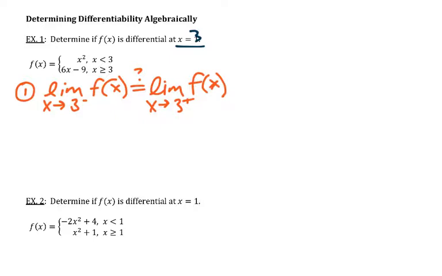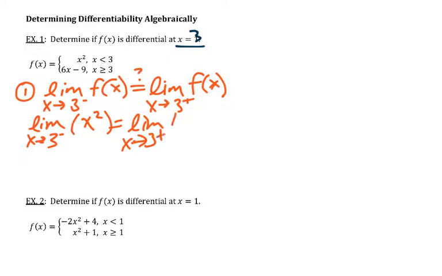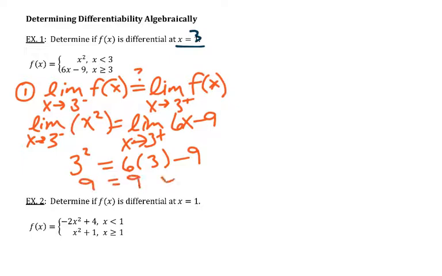So thinking about the limit here, I'm going to plug in x squared for the left, and 6x minus 9 for the right, and then substitute 3. So we get 3 squared, and 6 times 3 minus 9, 9 equals 9. Alright, so it is continuous at x equals 3.